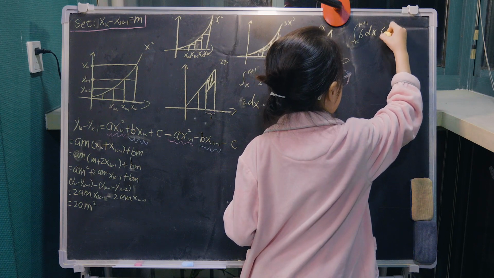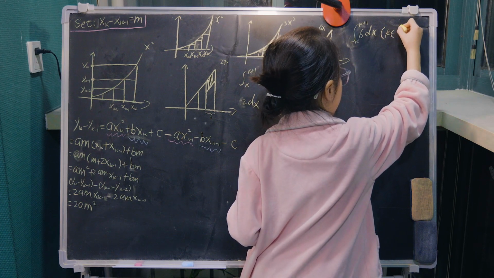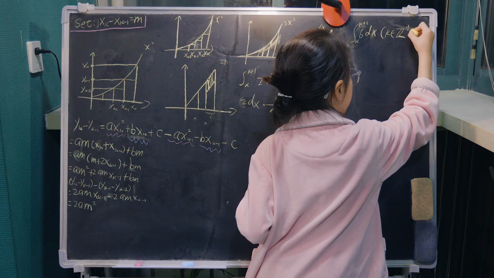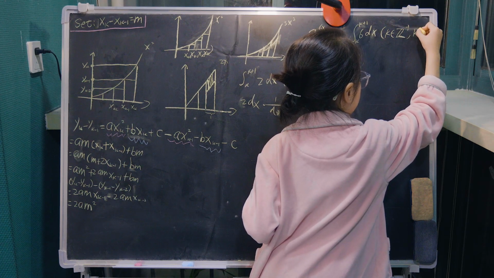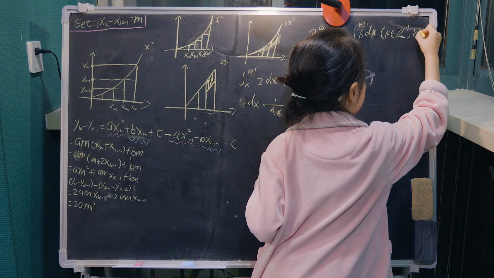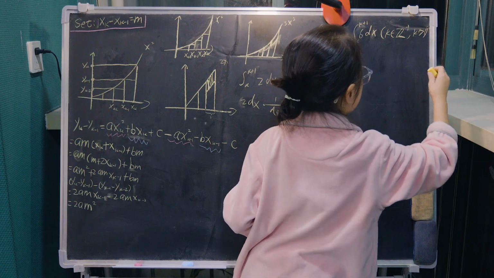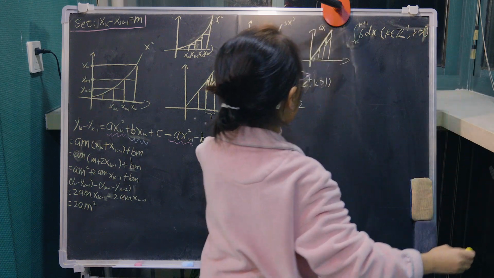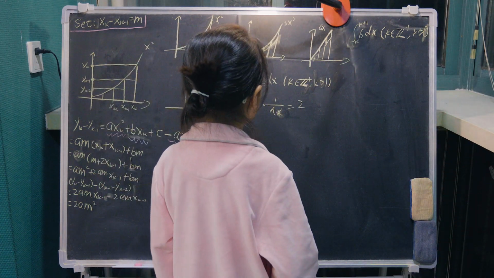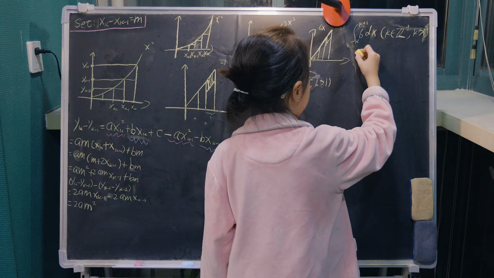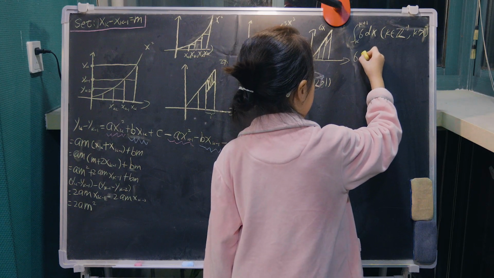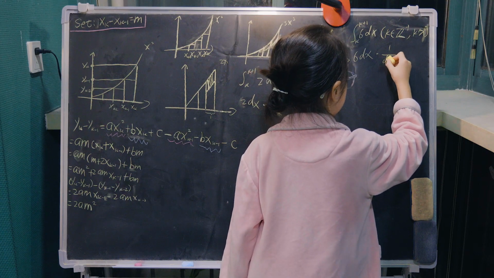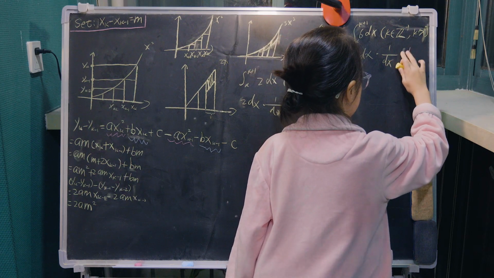And k has the same range: k is a member of the positive integers, and k is greater than 1. Okay, that's fun. And we know it's 6 because we have another way to explain it, and that's 60x times 1 over dx, and that's equal to 6.